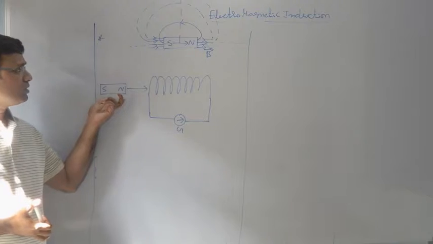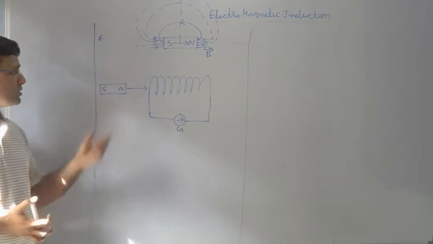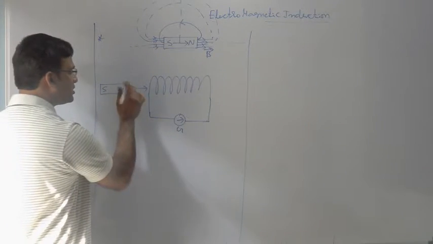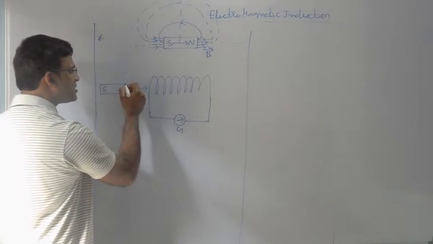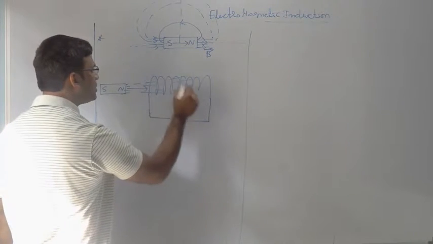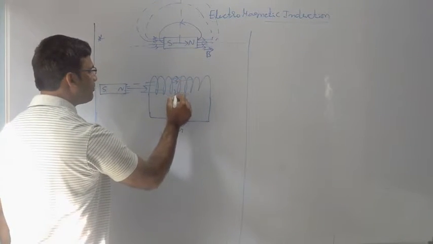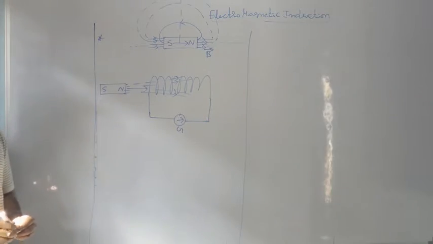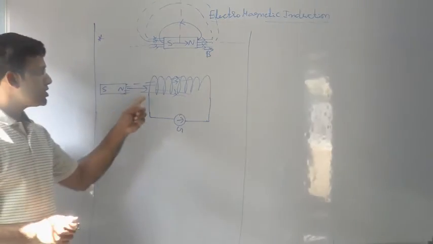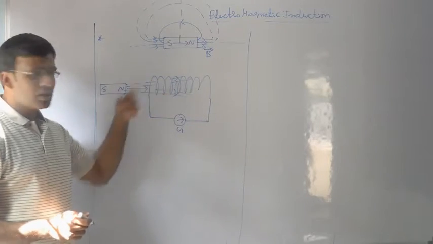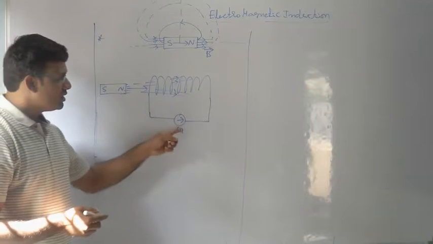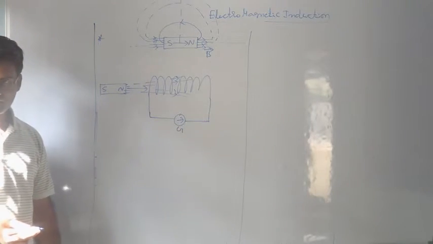Now, this magnet, whenever it produces a magnetic field, is brought near the coil. What happens? Now this is the north pole we are bringing, so this is the way the magnetic lines are going to pass through that coil. So what Faraday observed is, whenever the magnet is brought near the coil, the magnetic field is changing across the coil, and he observed the deflection of the galvanometer.